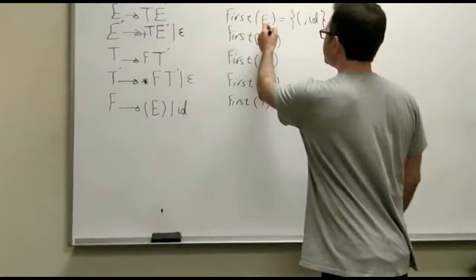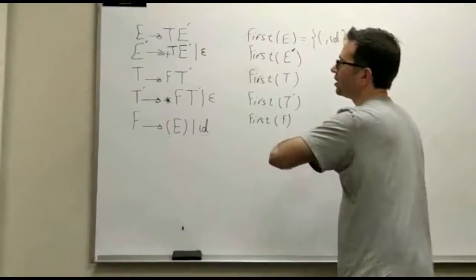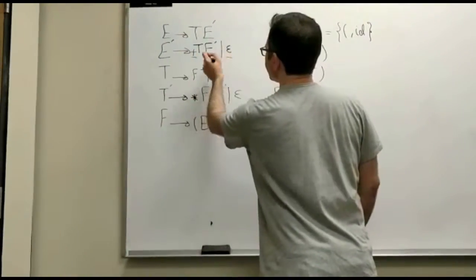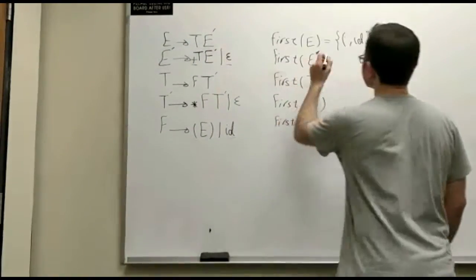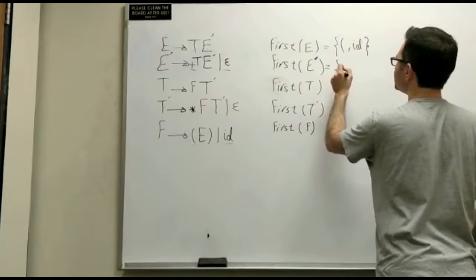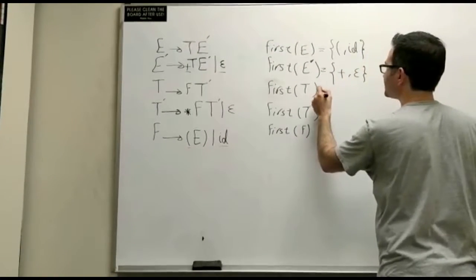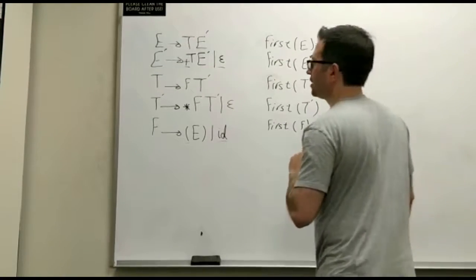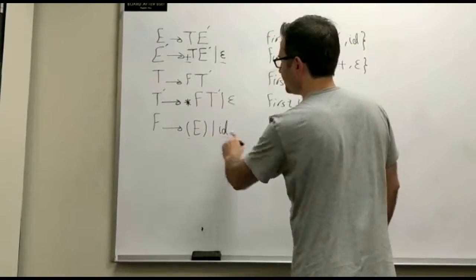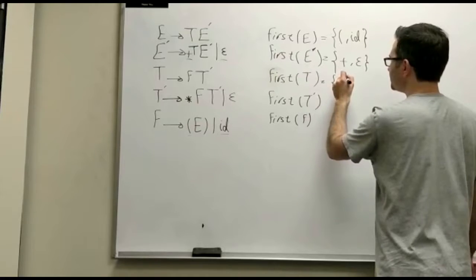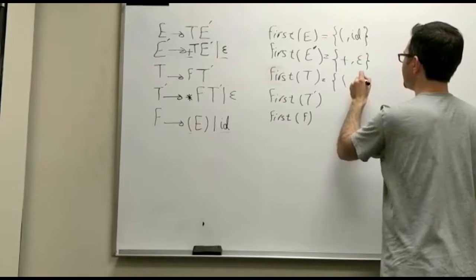Okay, for first of E prime, as you can see here, we have two terminals. So it is equal to plus and epsilon. For first of T, we should go for first of F, and it would be equal to left parenthesis and ID.